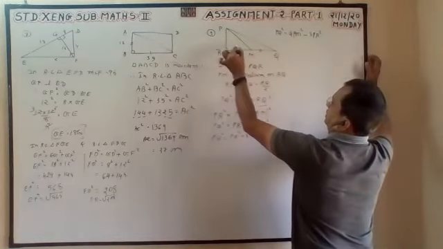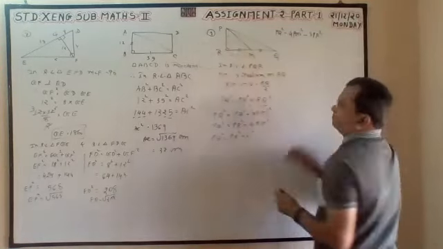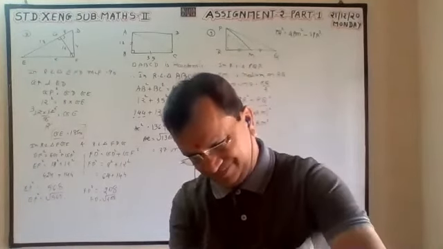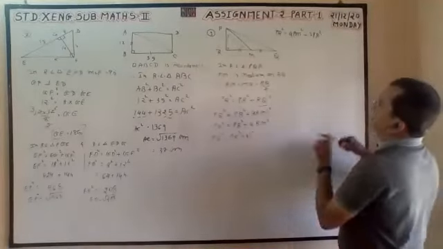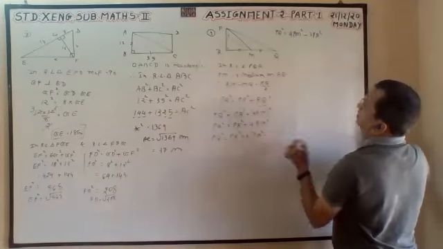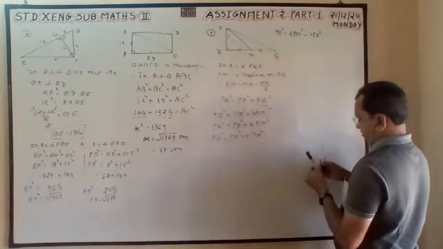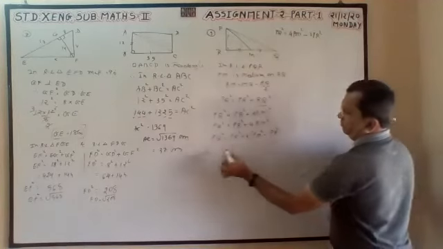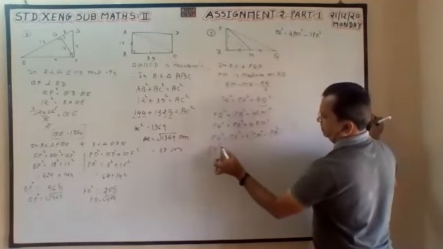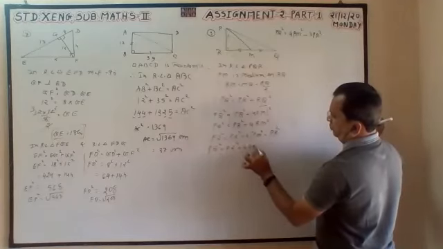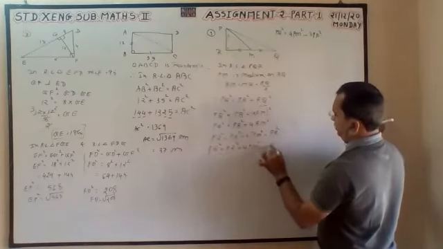Now RM square is equal to PM square minus PR square. Now open the bracket. PQ square, PR square, 4PM square, 4PR square.